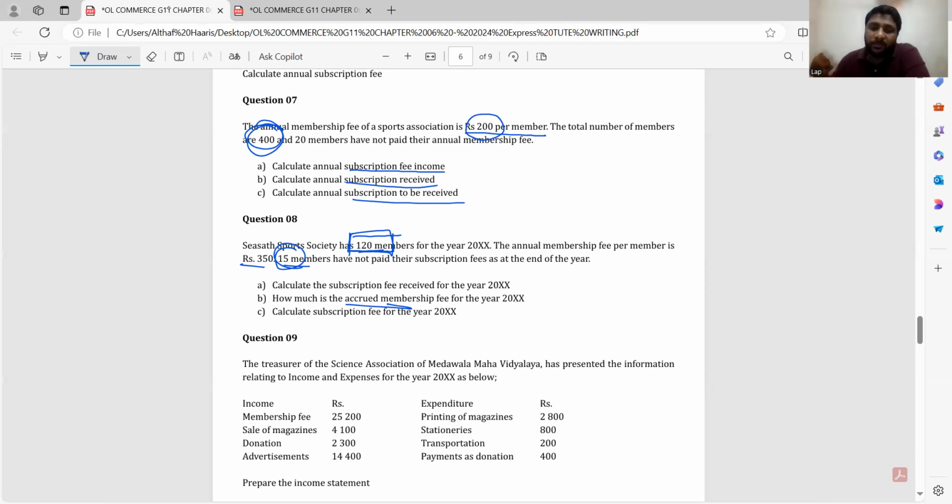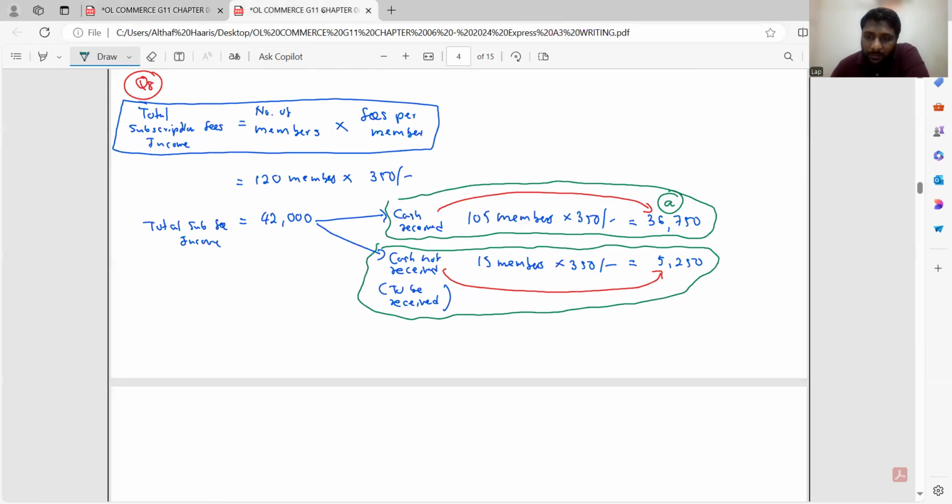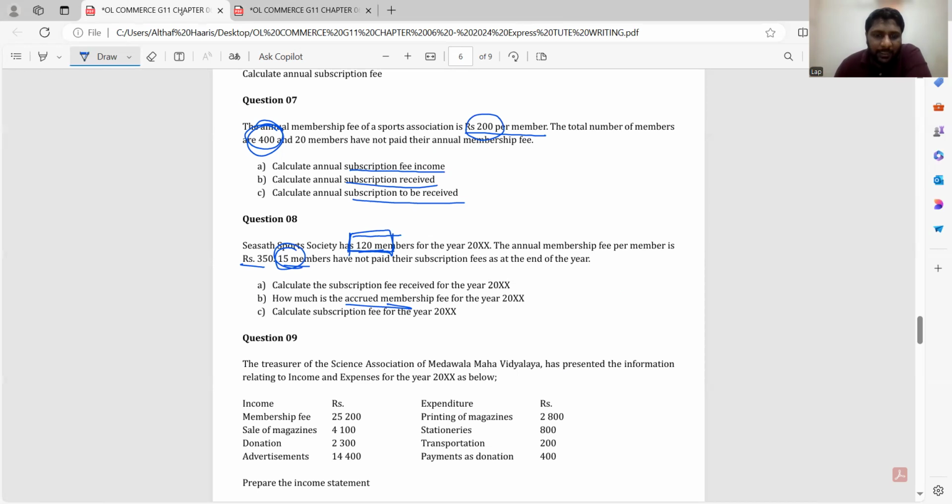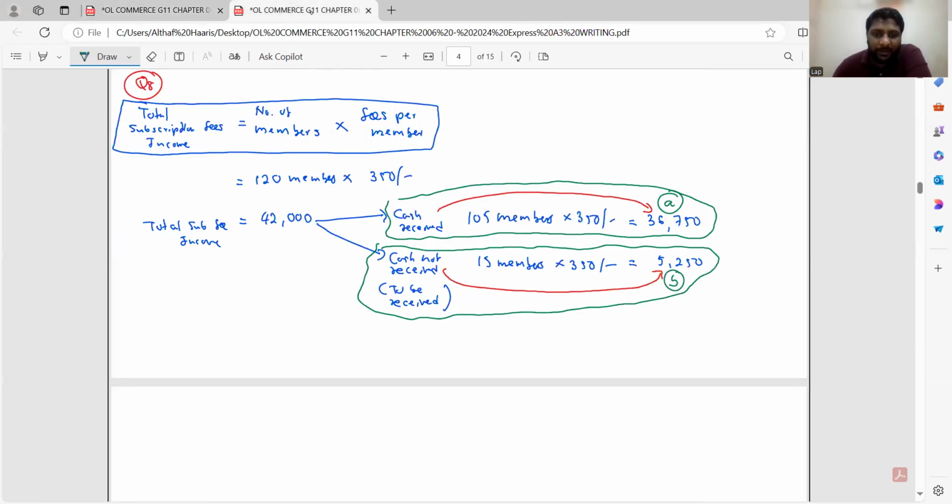Accrued income. Membership fee not yet received is only accrued membership. This is B. And C, they are asking total subscription fee. This is C. Mark your answers, people. Nothing confusing. Because they are asking 3 requirements in the question. Mark your answers.